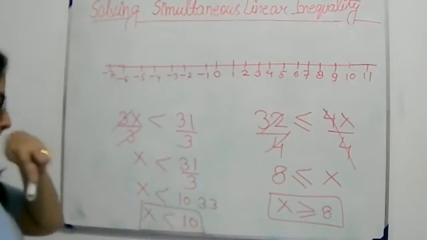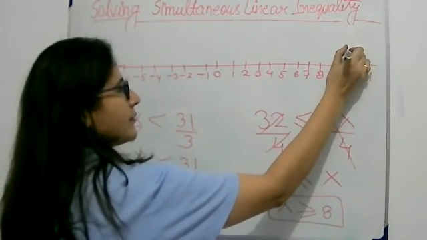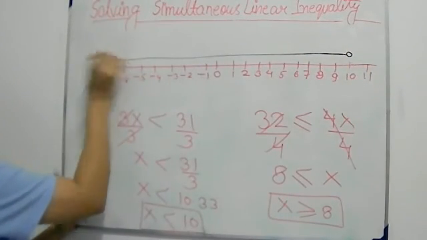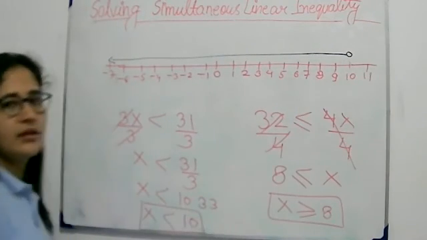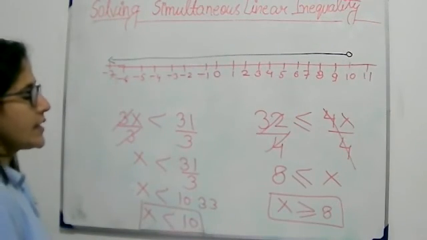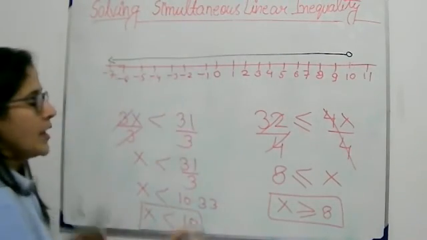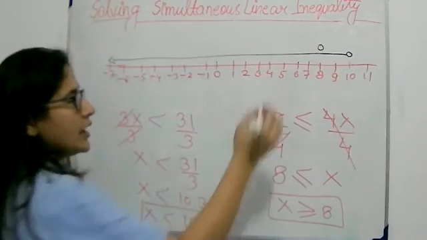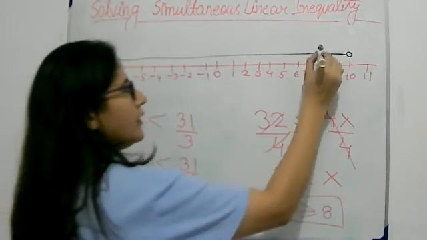Okay, so x is less than 10. Not equal to 10, so the circle is hollow. Next, x is greater than or equal to 8. 8 is here. Equal to, so it is filled.